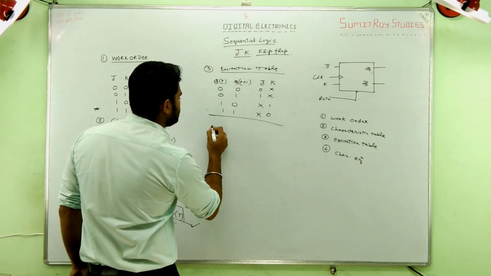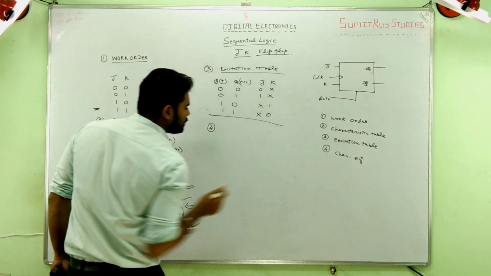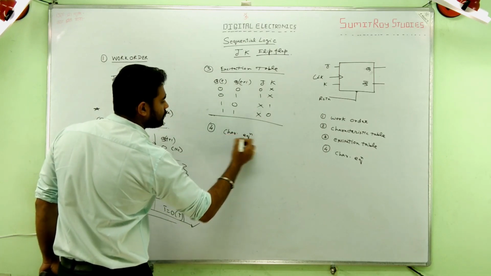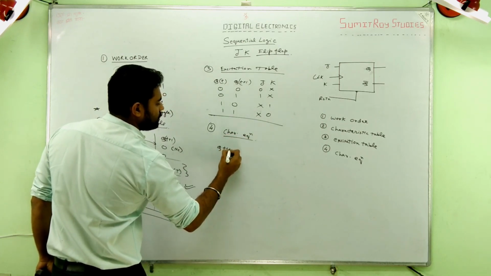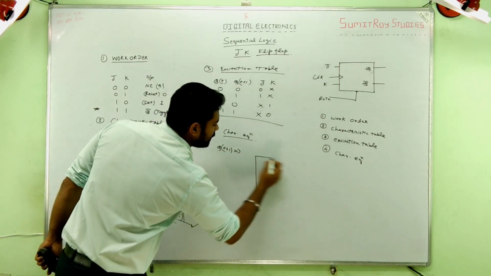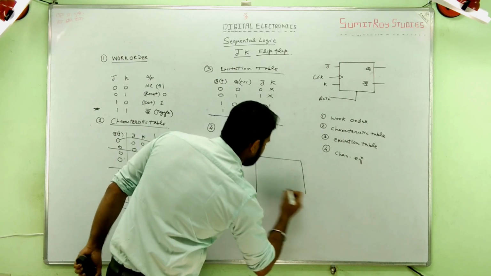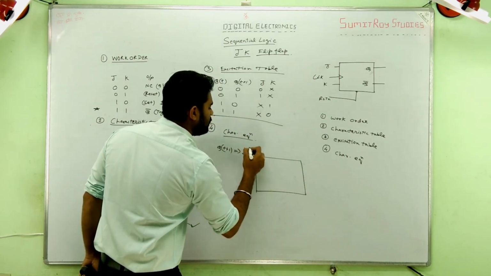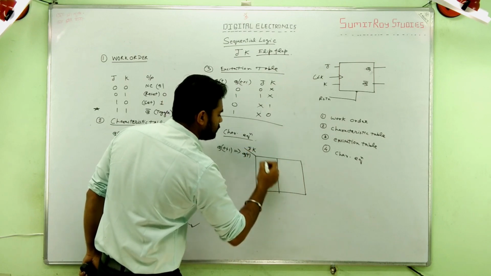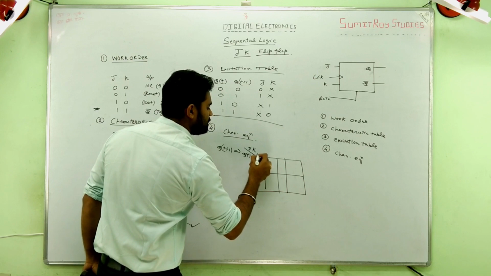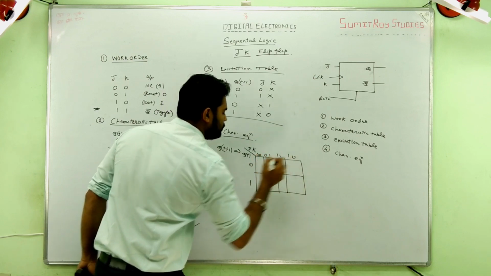And last is the characteristic equation. The characteristic equation is again derived from the characteristic table, only with the help of a K map. QT and J and K. This is 0 and 1, this is 0 0, 0 1, 1 1, 1 0.